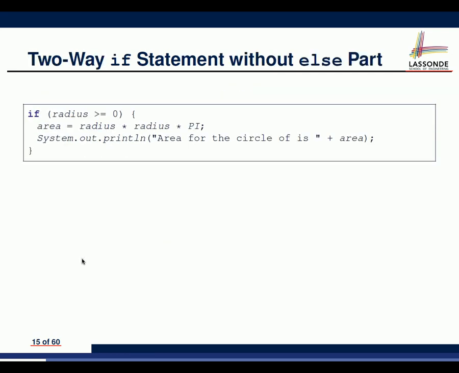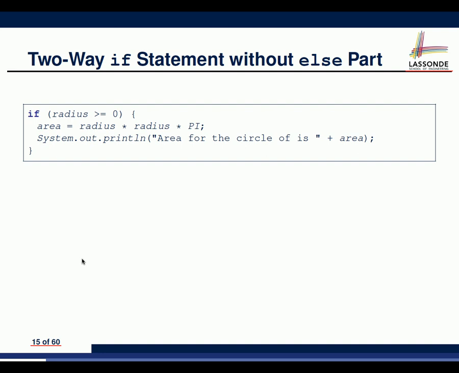What I would like to do, this one is simple. If you look at this fragment of code over here, we have: if the radius is larger than or equal to 0, we compute the area and print it out. You can see we only have an if statement without an else.